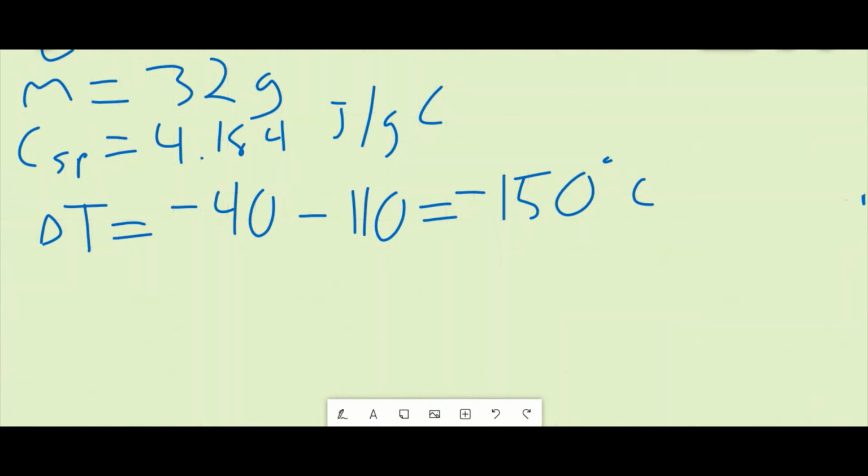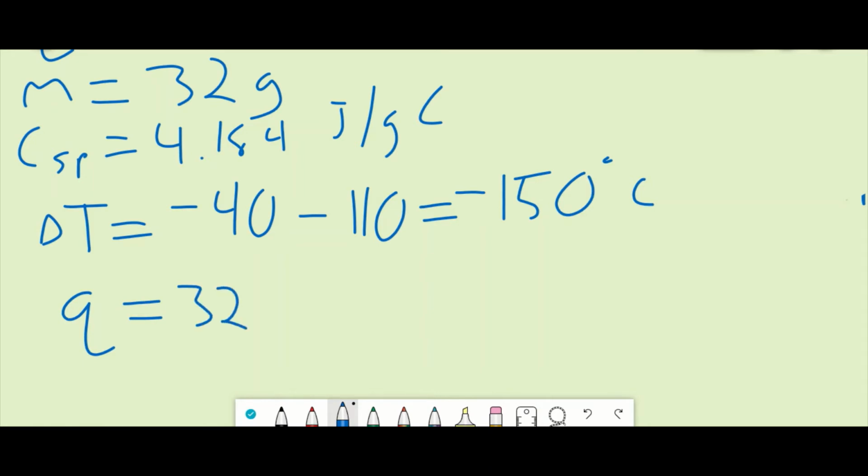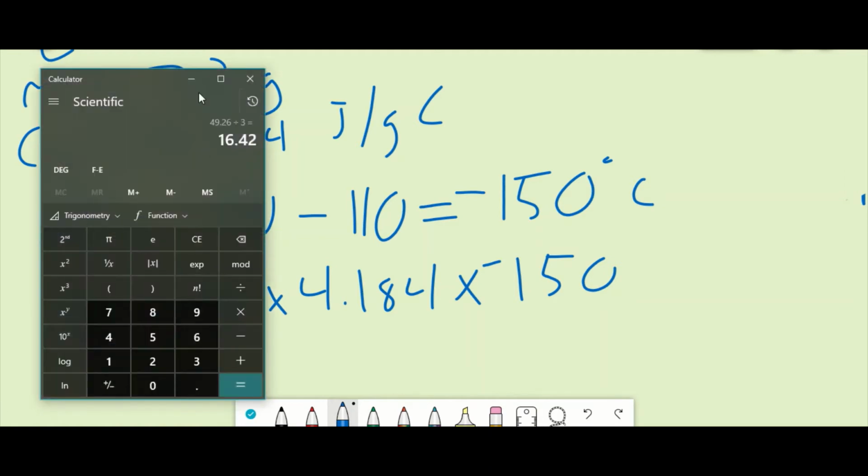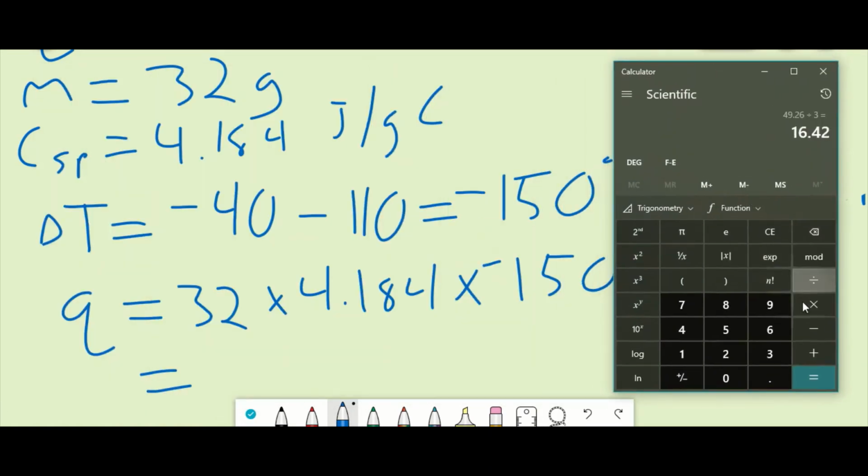So we have our Q, which is what we're trying to find, is equal to 32 times 4.184 times negative 150. Let's plug this into a calculator. 32 times 4.184 times 150, and I'll change that to negative.